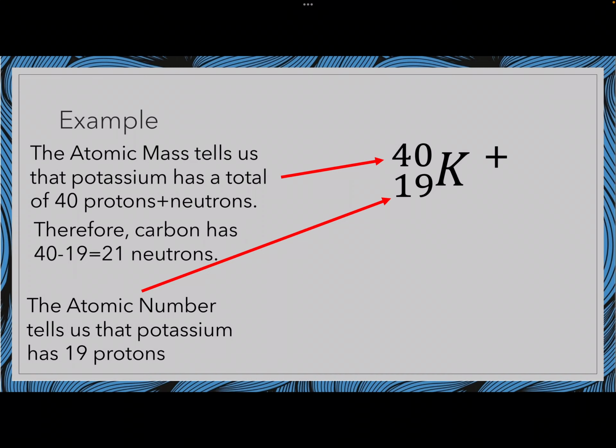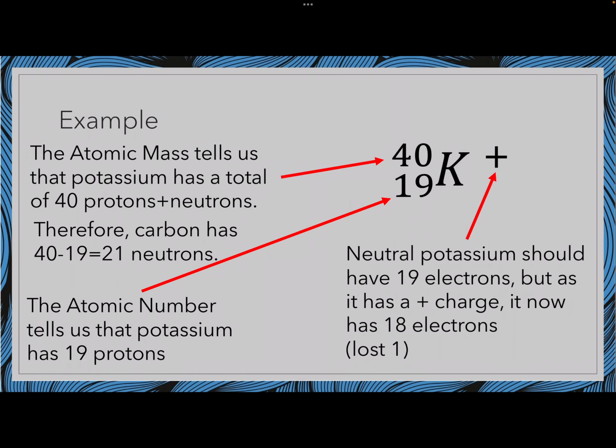Now, let's have a look at the electrons. For a neutral element, the number of protons equals the number of electrons. So normally potassium would have 19 electrons, but it's now got a +1 charge, which means it's lost 1. So that goes from 19 down to 18 electrons because it's lost that one.